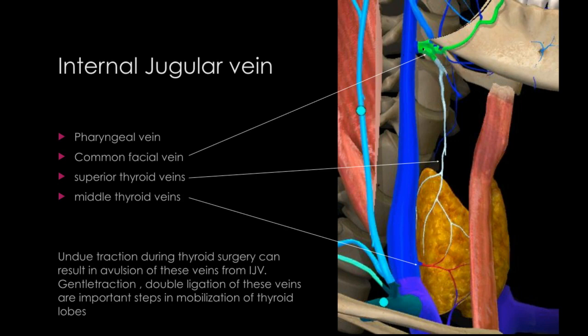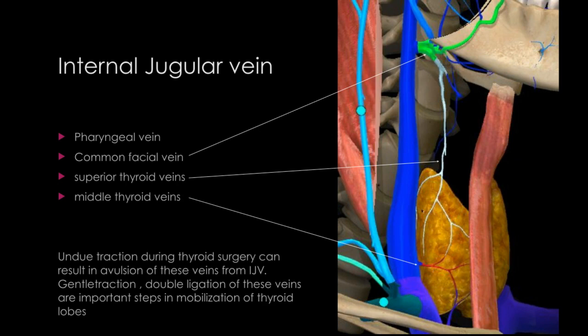This is the common facial vein. The common facial vein drains into the internal jugular vein in this region, as well as the superior thyroid vein. The one colored in pale pearly white is the superior thyroid vein, and the middle thyroid vein.